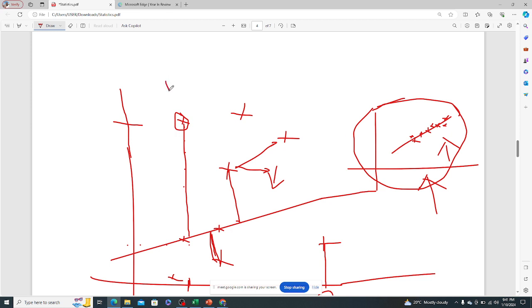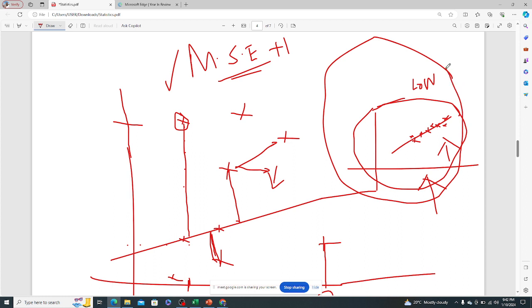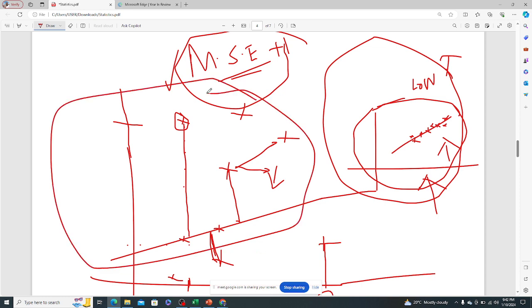In this case, we expect a very large mean squared error. Here this will be a high value and this one a low value. When it comes to prediction, this will be more accurate compared to this one.